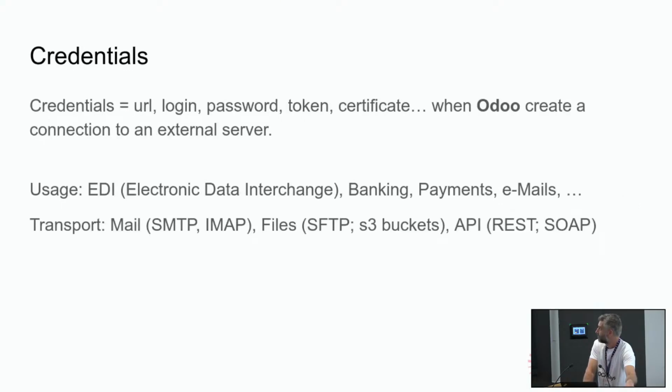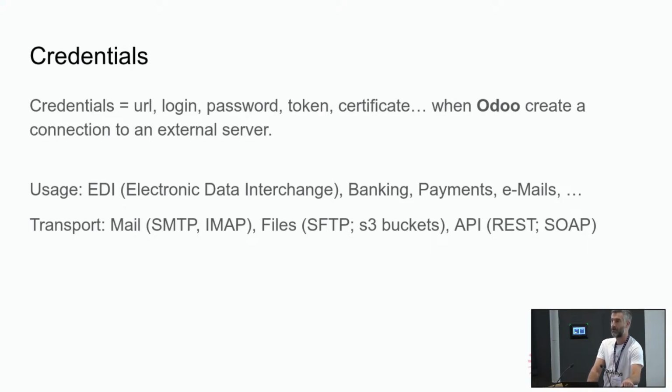In all these environments, there are sometimes credentials, and this talk is mainly about how to store and how to use credentials. What I mean by credentials is your login passwords, URLs of external services. We will say it's when Odoo creates a connection to an external server.